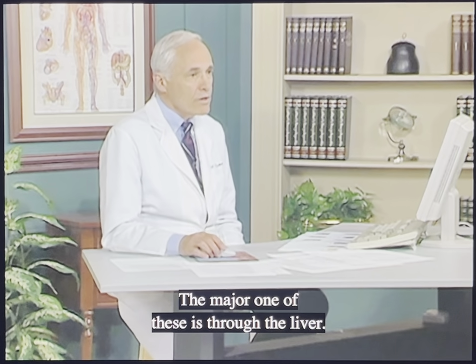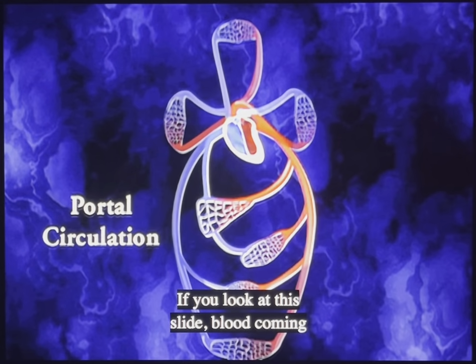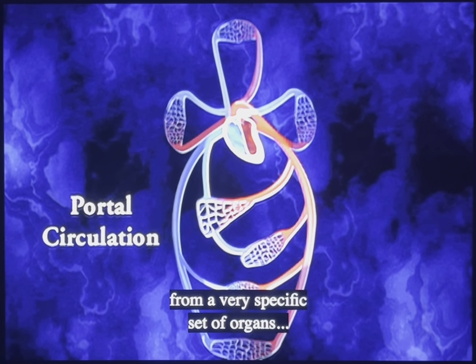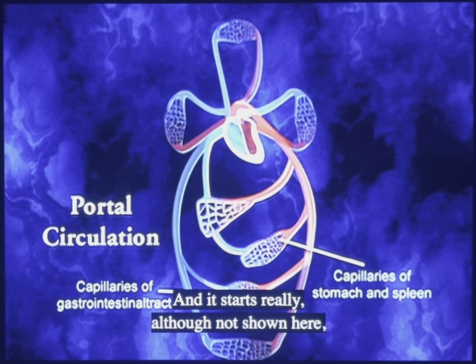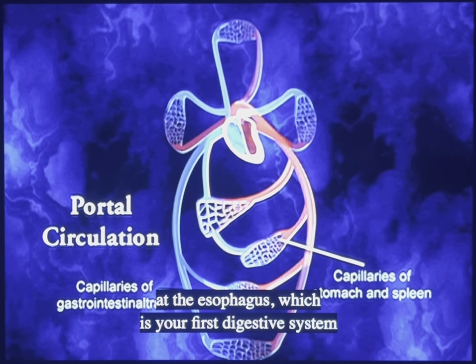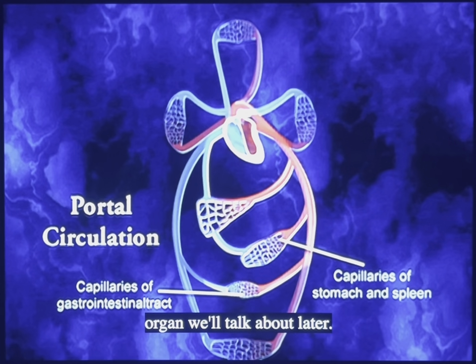The major one of these is through the liver. If you look at this slide, blood is coming from a very specific set of organs. These are all the digestive organs, and it starts really, although not shown here, at the esophagus, which is your first digestive system organ, we'll talk about later, and then the stomach.